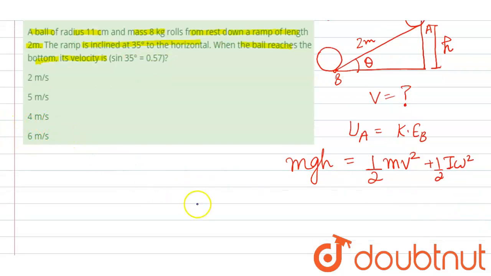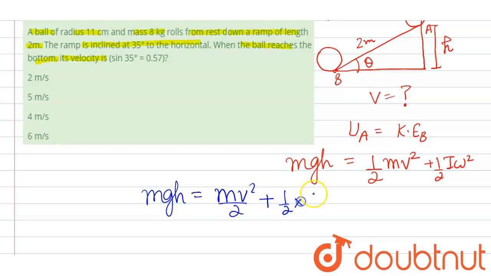Now on further solving here, what we get, mgh is equals to mv square by 2 plus I for ball. Ball is a shape in the form of solid sphere, and for solid sphere it is 2 by 5 mr square into v square by r square.